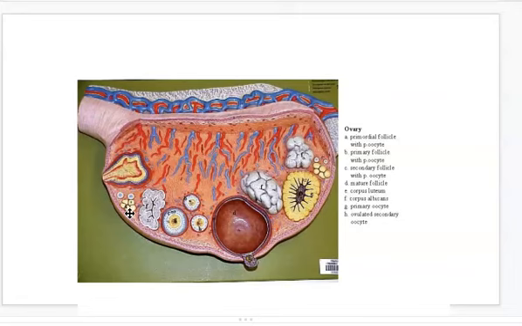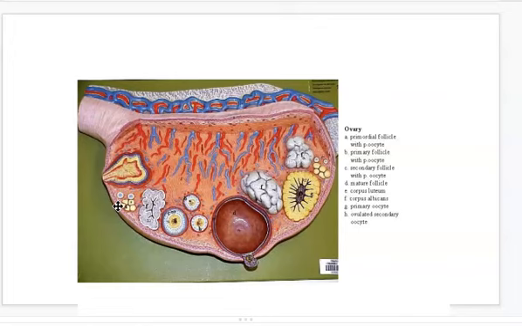The hormones involved with that we will go over in lecture. So at the beginning of a female cycle, in response to hormones, a primordial follicle is going to start to mature.